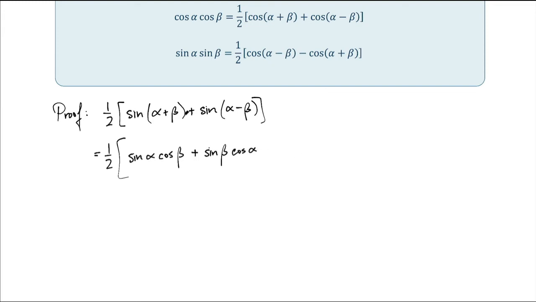So that's this first one here. And then we have plus, and then here we have a difference of the angles. So we'll use the sine difference identity. So this is sine of alpha times the cosine of beta, and then minus sine of alpha cosine of beta.